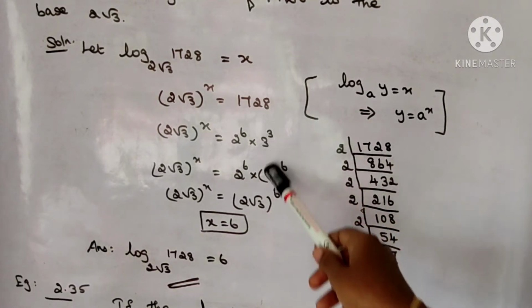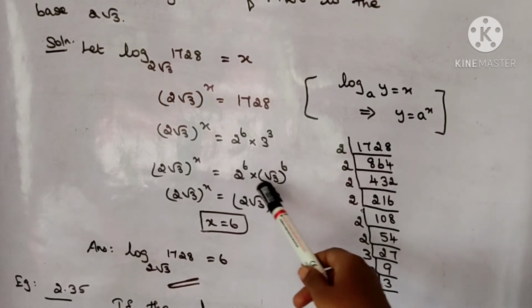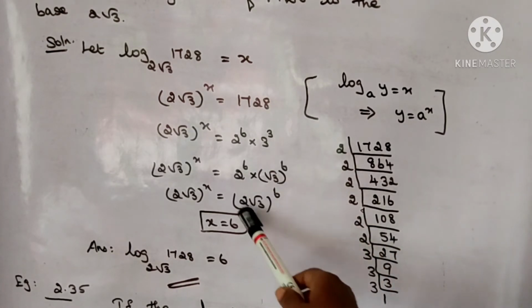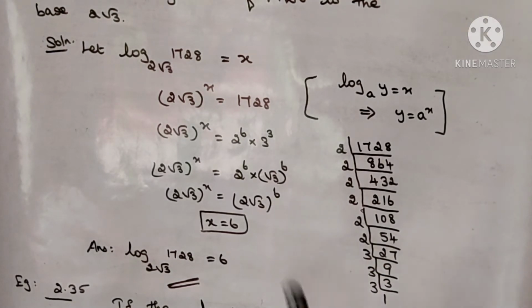So we can write 3 as root 3 the whole power 6. So 2 power 6 into root 3 the whole power 6, the power values are equal. Then write the product of the terms as 2 root 3 the whole power 6. Now equating both sides, x value is 6. X is log base 2 root 3 of 1728, so that value is equal to 6.